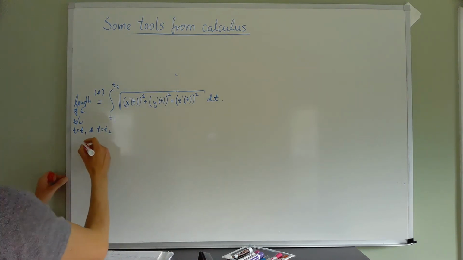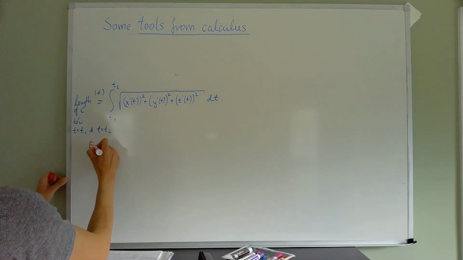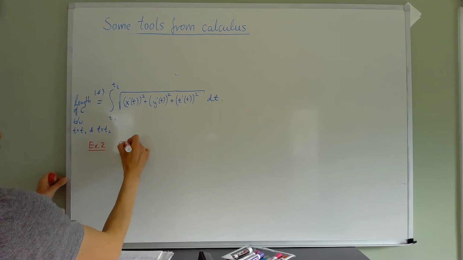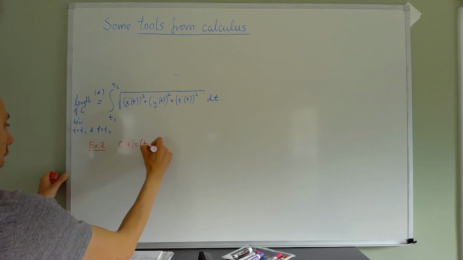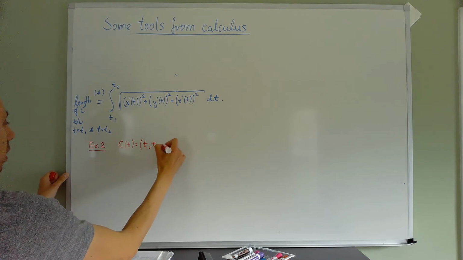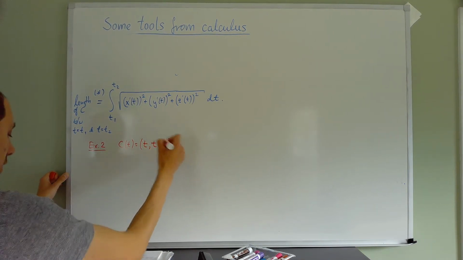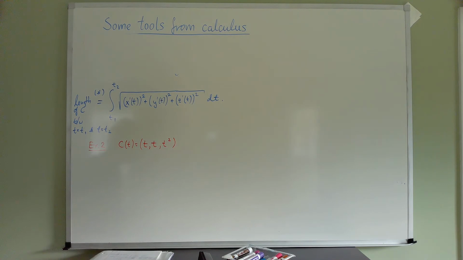In the next example, I think it was actually the third example, x was t, y was t, and z was t squared.